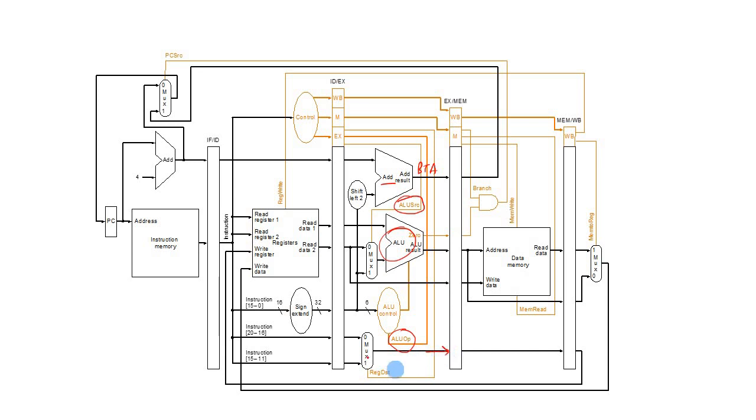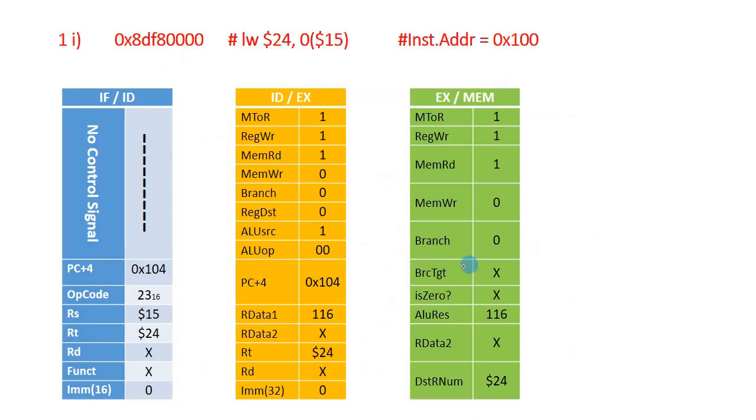So I would have made a decision on whether I need to write back to RT bits or RD bits, and I would have channeled it here. And I also have things like your read data 2 over here, your zero flag, and so on. All of this gets transferred over from the EX stage. This is the information that I have at the end of the EX stage, which I will then transfer over to the MEM stage.